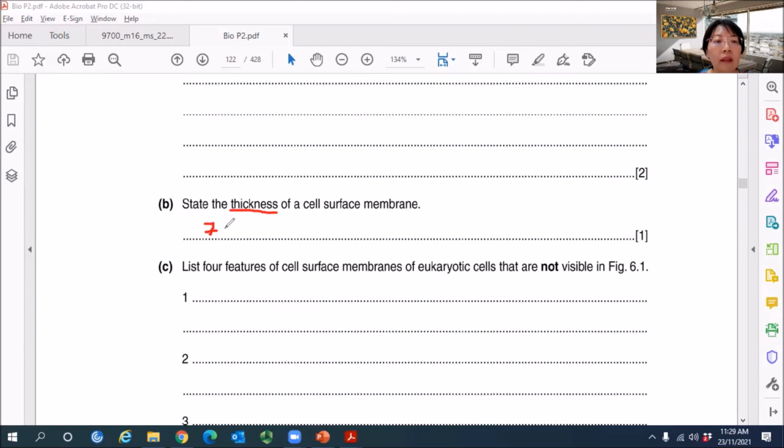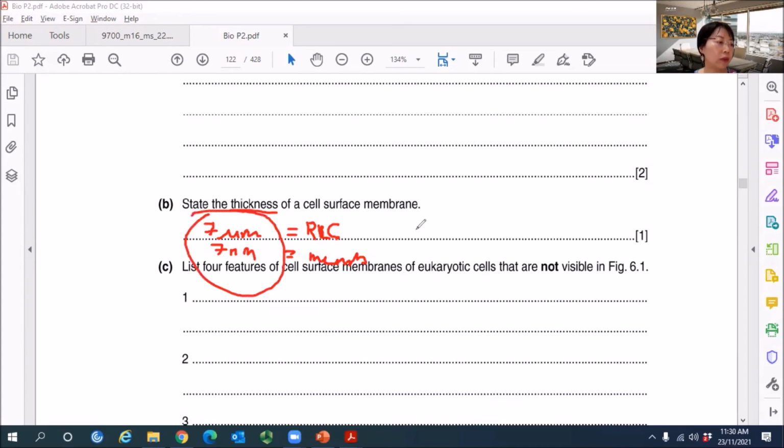7 micrometer is the diameter of the red blood cell. 7 nanometer, which is smaller than micrometer, is the thickness of the membrane. So you need to memorize these two because it's very easy.